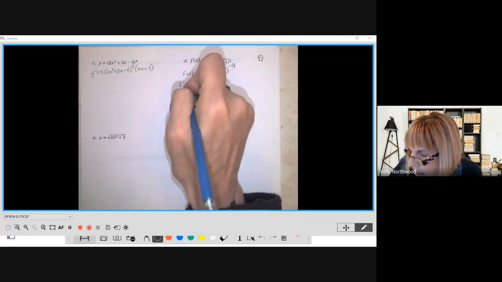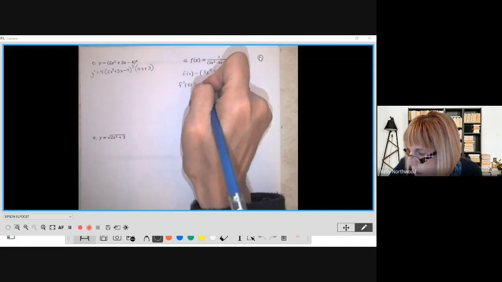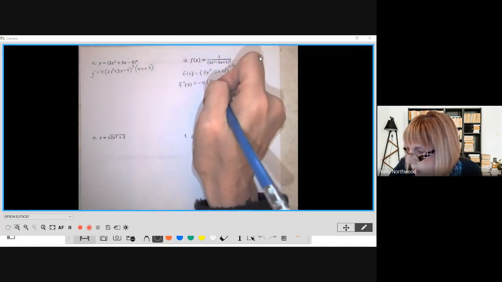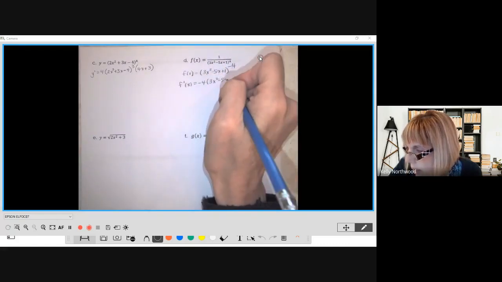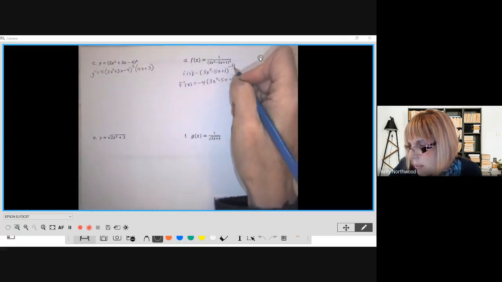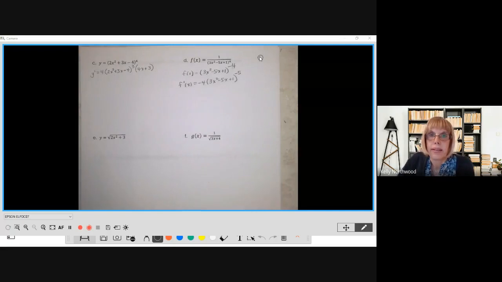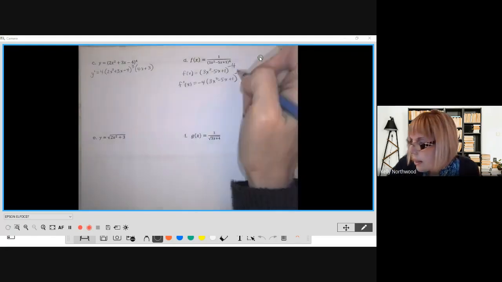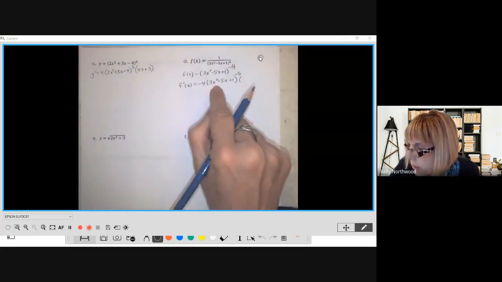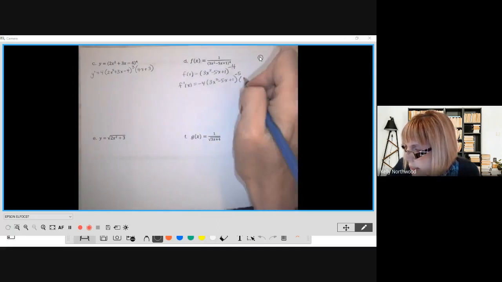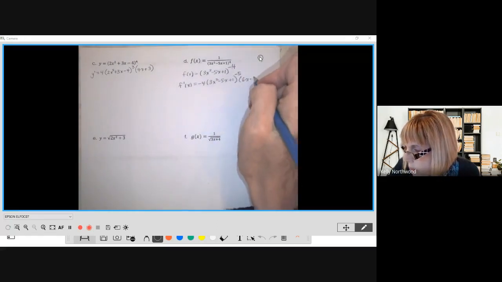F prime at x is going to be -4 times 3x squared minus 5x plus 1 to the, decrease the exponent by 1, so that's -5. And then times the derivative of what's inside, which is going to be 6x minus 5.